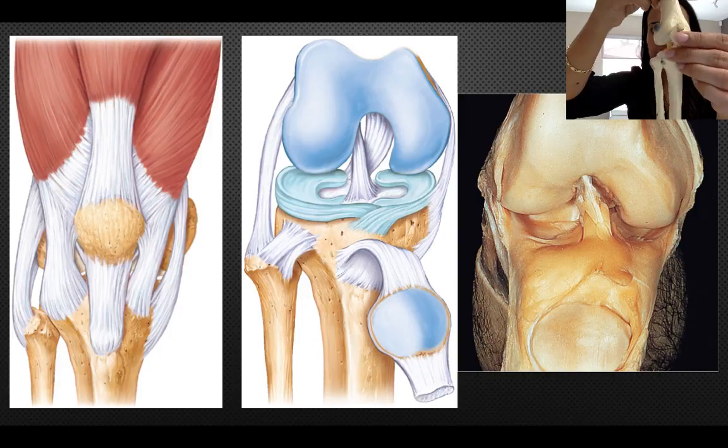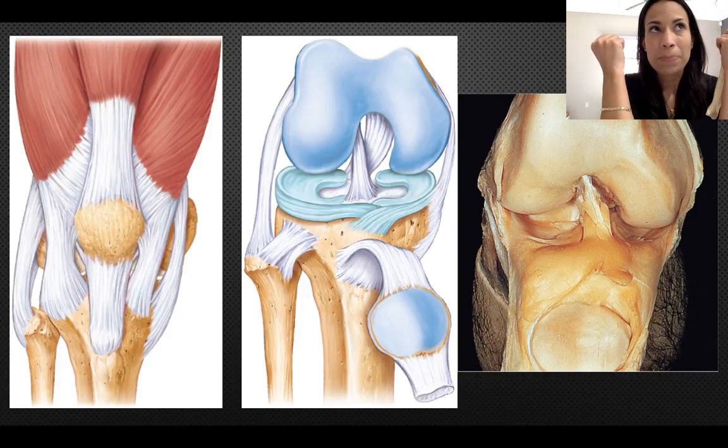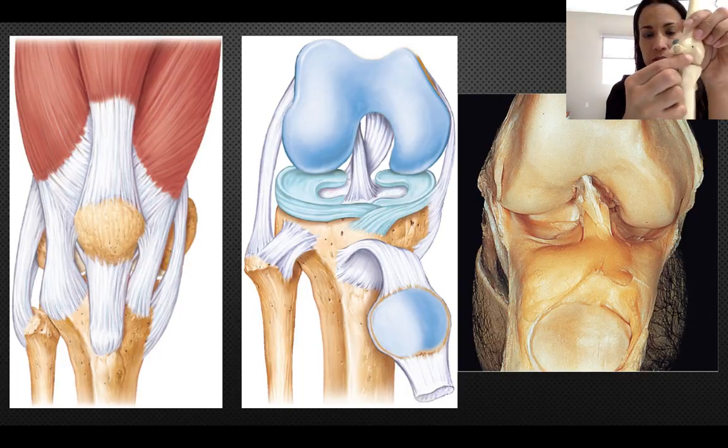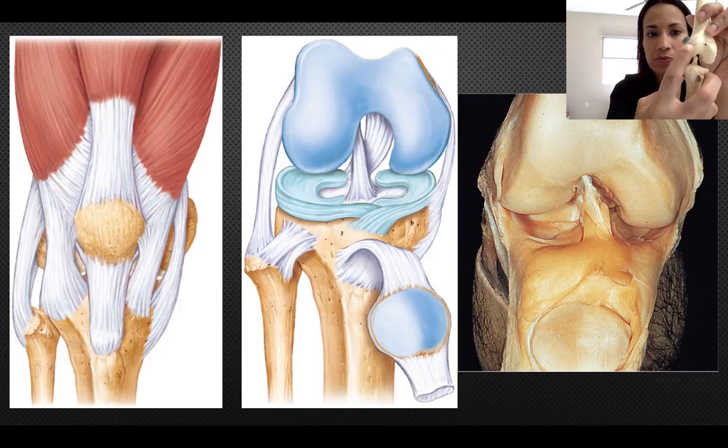And here we have the patellofemoral articulation. So we have three articulations in one. The patellofemoral is the articulation between the patella and the patellar surface of the femur, and two tibiofemoral articulations: between the lateral condyles of the femur and tibia, and between the two medial condyles of the femur and tibia.